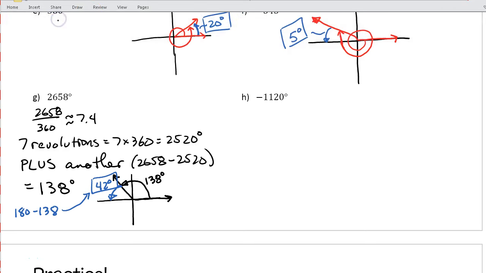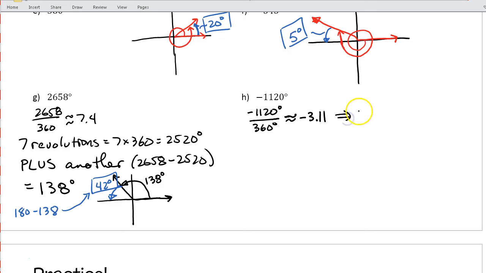So let's take a look at the last one. Again, let's figure out how many full revolutions I have. So I have negative 1120 divided by 360. That's going to give me about negative 3.11 full revolutions.